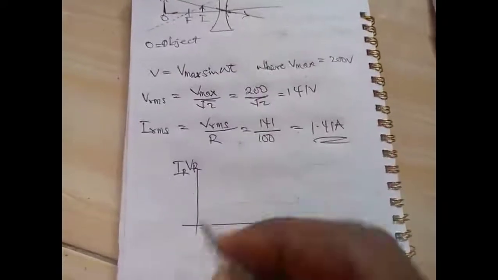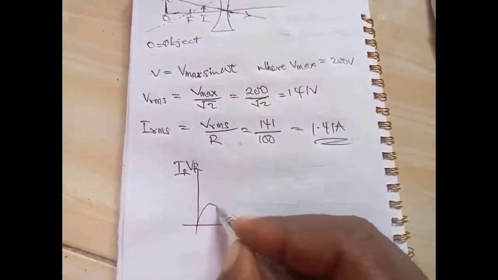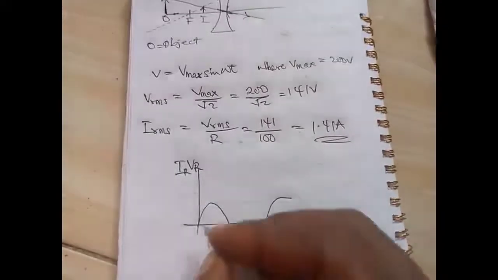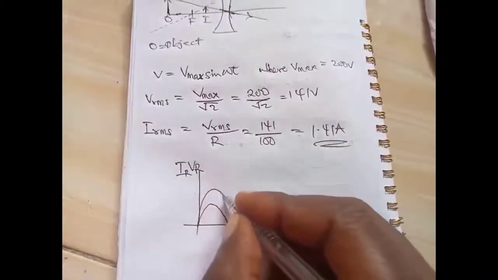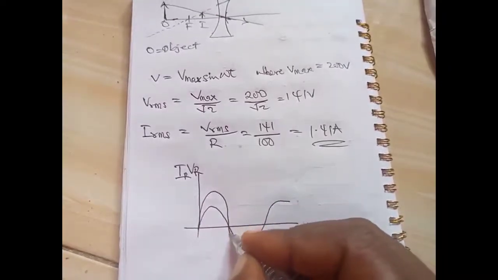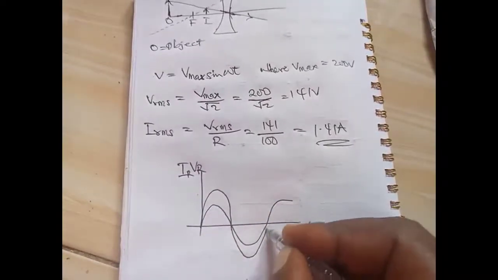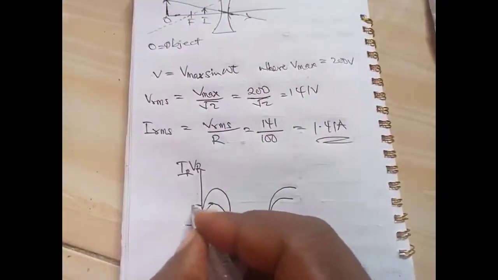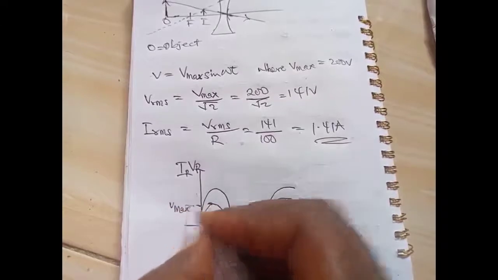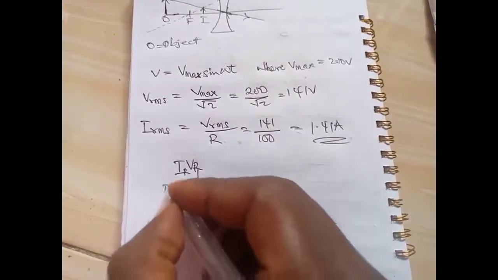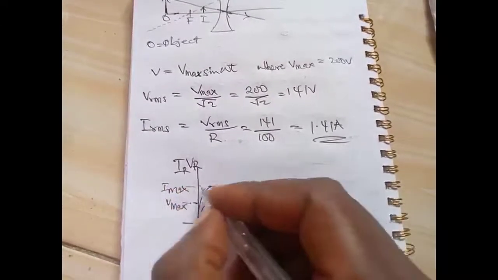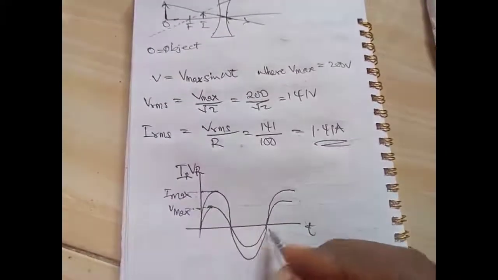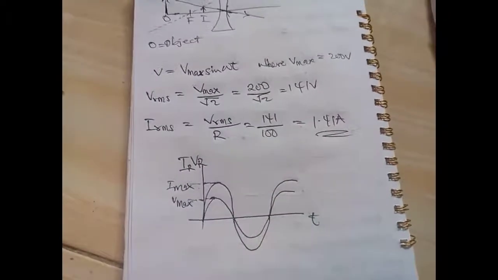So, if we go for V, then this for I, you can see here, this is the V max, here is the I max, so you can see both of them are in phase. Because of that, their phase difference is 0.